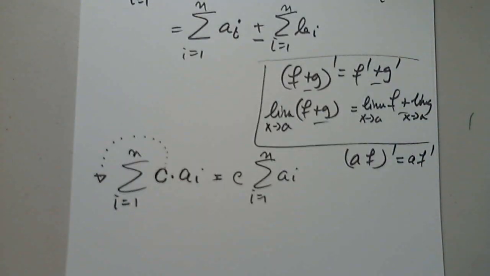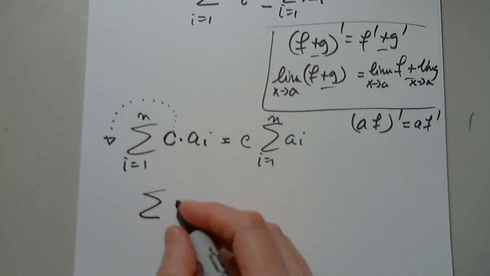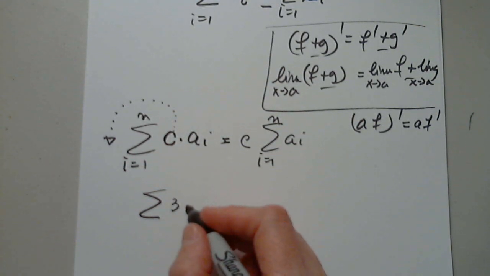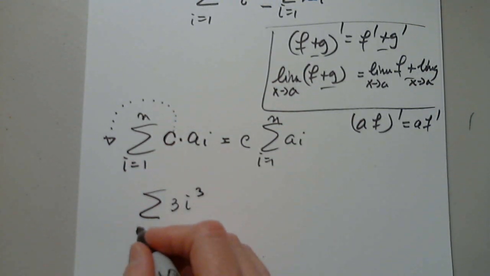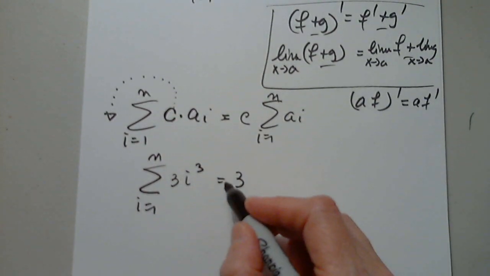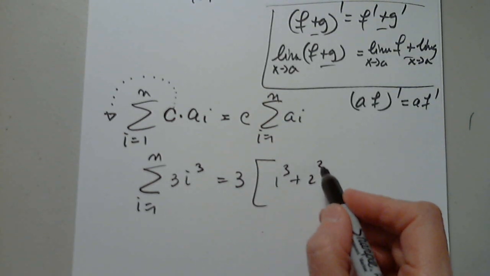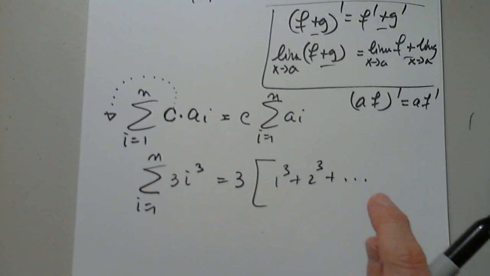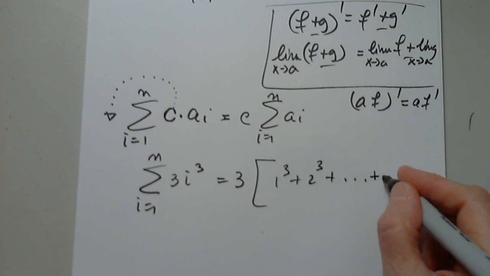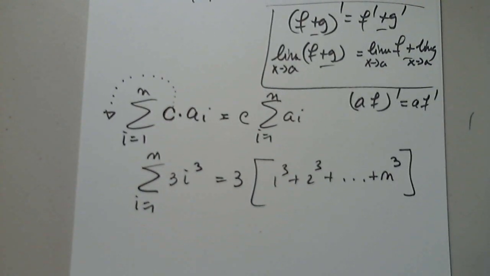So here it is. So if I have something like the sum from, let's say, 3 I cubed from I equals 1 through n, I will write it as 3 times 1 cubed plus 2 cubed plus dot, dot, dot, exactly 3 dots, plus n cubed. From I equals 1. When I is 1, I have 1 cubed.